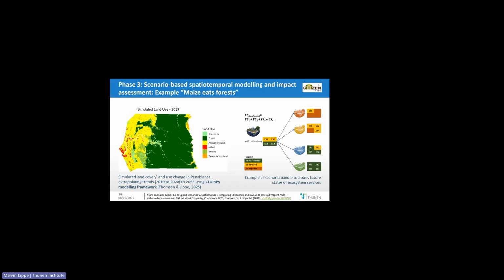However, on the right side, this is the Pacific coast of Peña Blanca, there's an expanding frontier. So as a government agency, of course, you now need to decide where to put your resources and priorities. On the right side of the figure, I just show an example of how scenarios can be used. You can see how I can, for example, combine different scenario settings to assess future states.